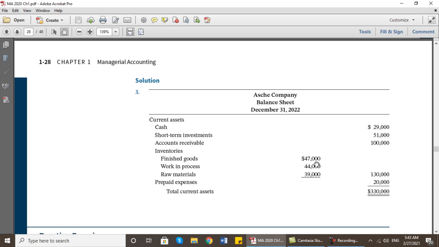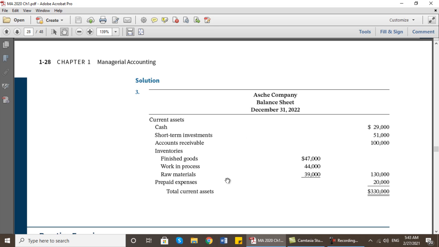First, finished goods account, work in process account, raw materials account. The last item in current assets, prepaid expense. Total current assets. As you see, here's the current assets in the balance sheet.